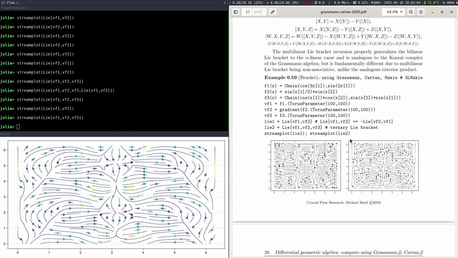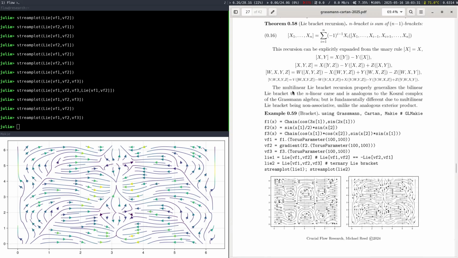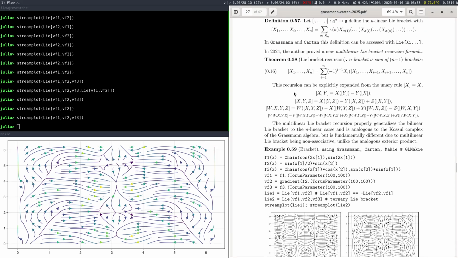Like if you go into your standard MATLAB or your standard Python or whatever programming language you use, I don't believe it was standard that you'd be able to do these kinds of Lie brackets, multilinear, higher order Lie brackets too, just casually like this. So you can do them with my software.